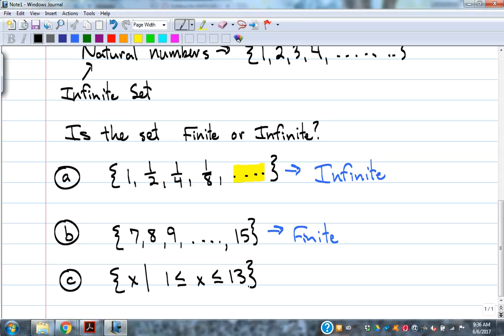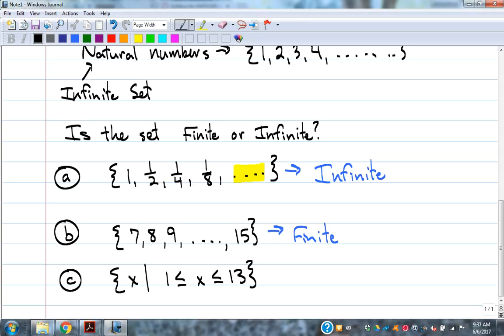Something like that. Okay. Now, what that says is this set contains X's that are between 1 and 13. But it includes 1 and 13. Okay. So it has a beginning point and an ending point.